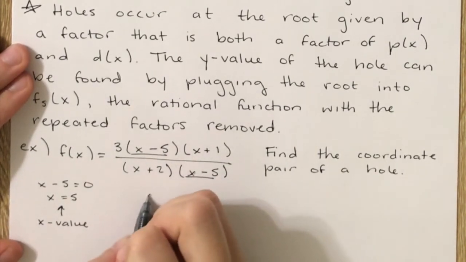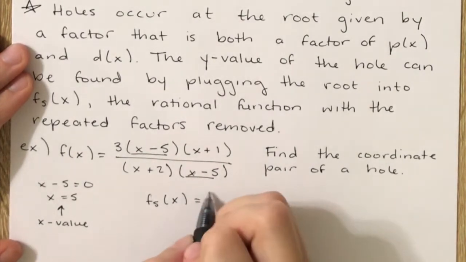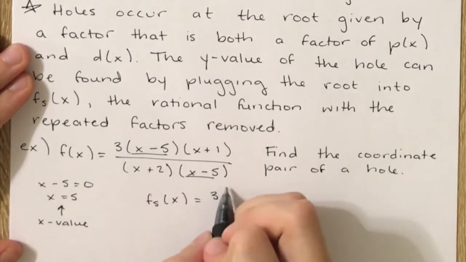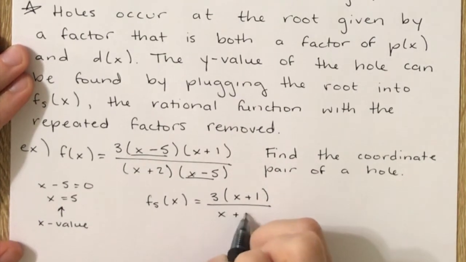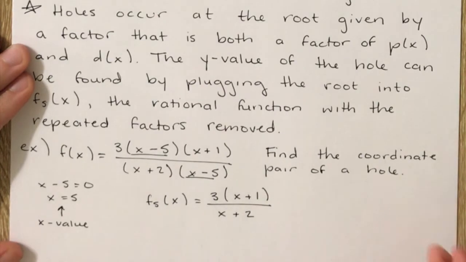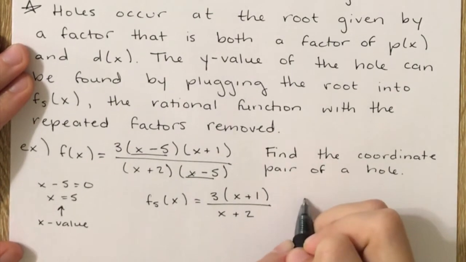So let's write that new function. F sub s of x equals 3 times (x plus 1) over (x plus 2). Now we can plug this x value of 5 into this function.